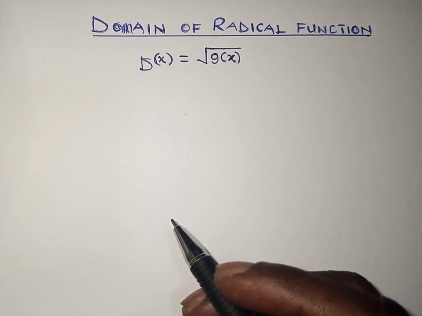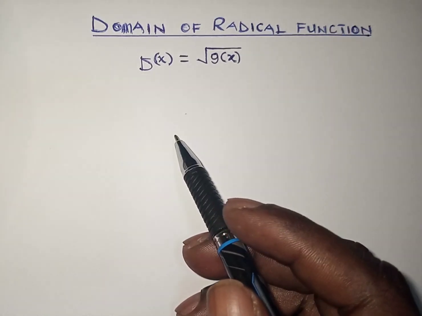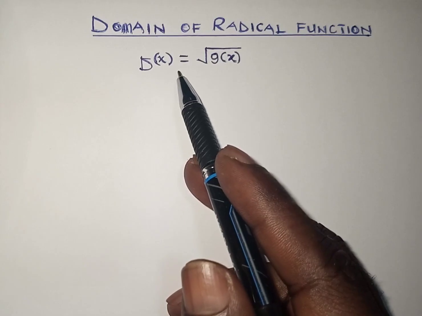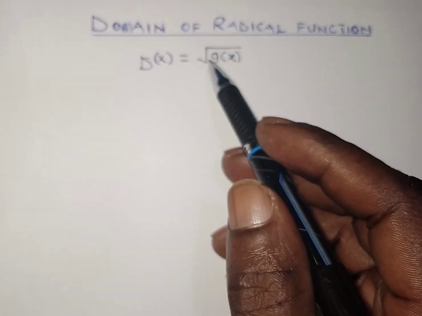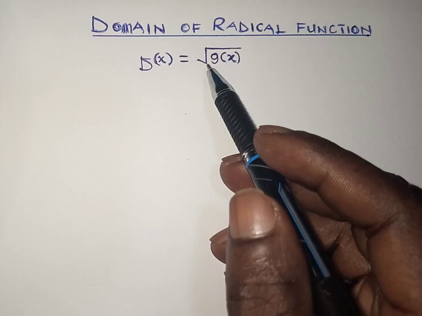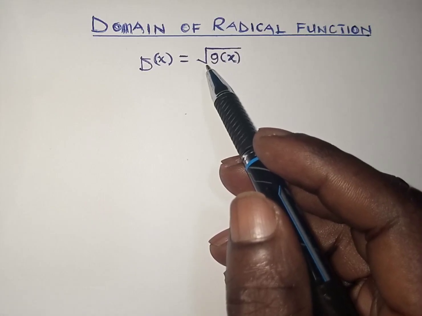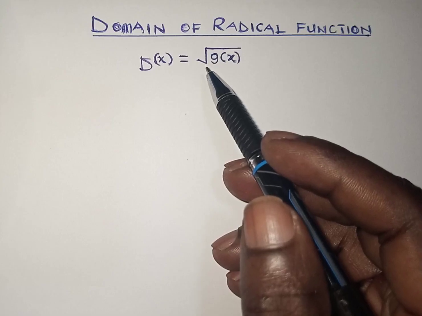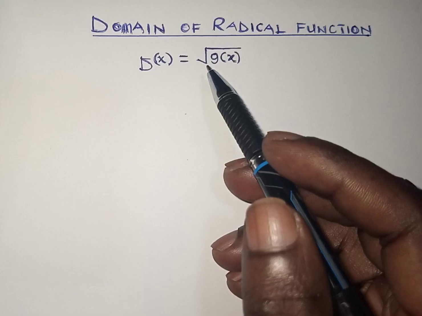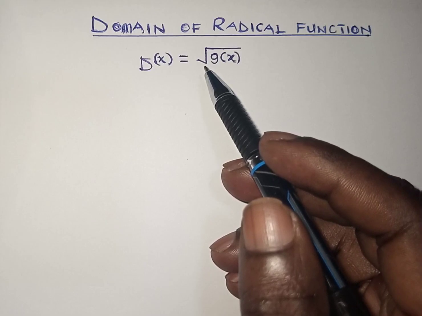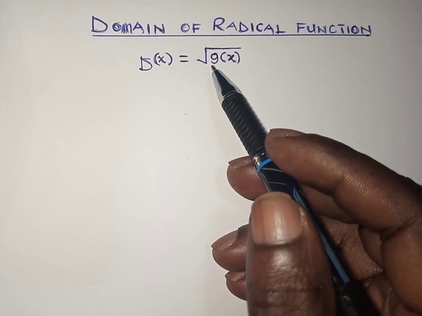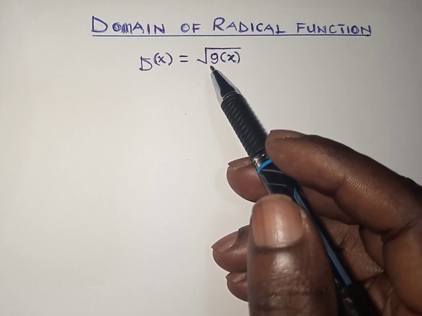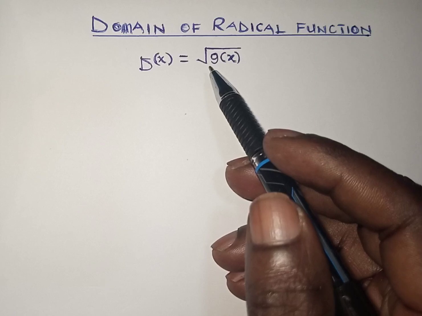Domain of radical functions. So if you are given f of x to be square root of j of x, then how do we find the domain? As we previously said, when we ask you to find the domain of a function, we are looking at all possible values of x that make the function defined.